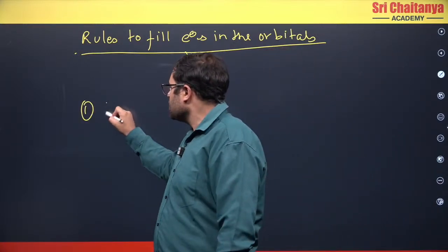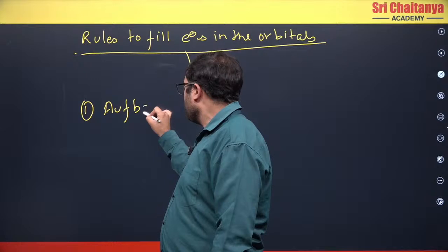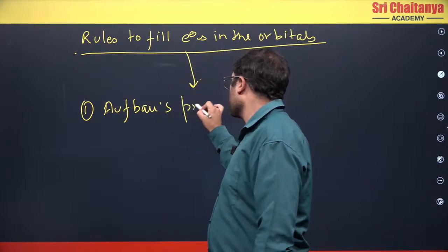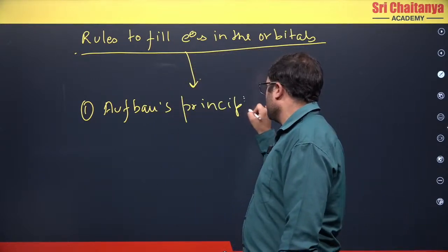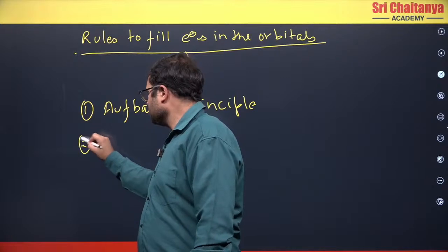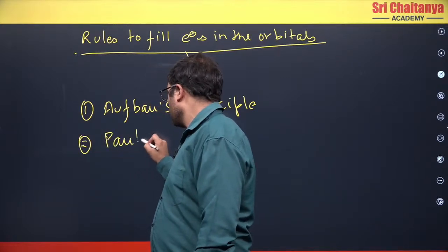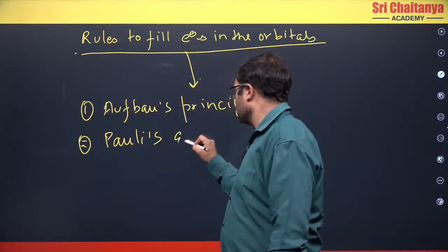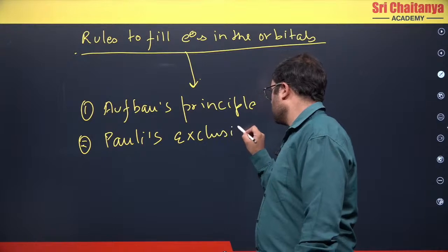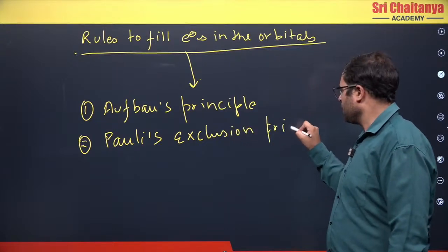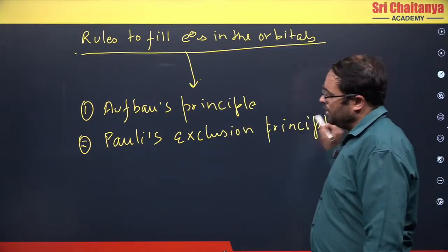The first one is Aufbau's principle. Second one, Pauli's exclusion principle.